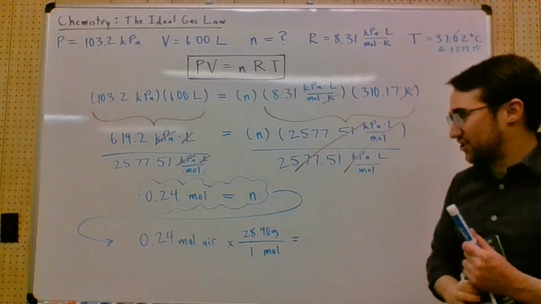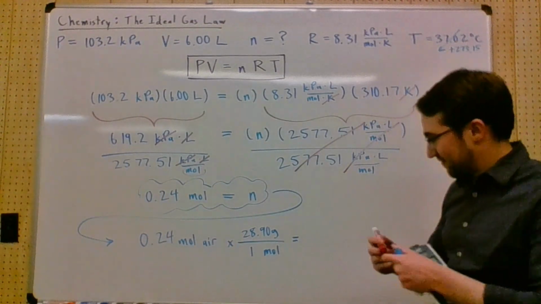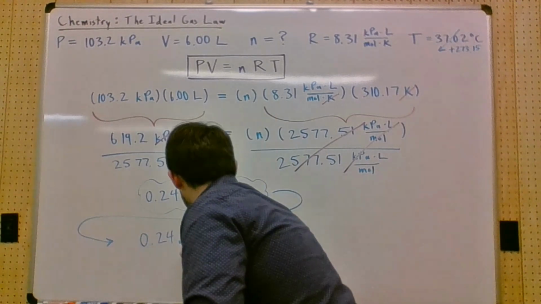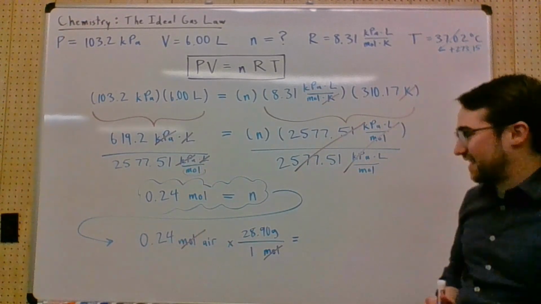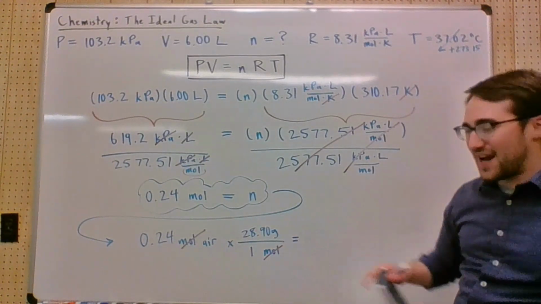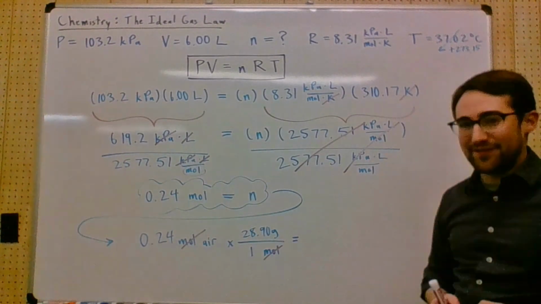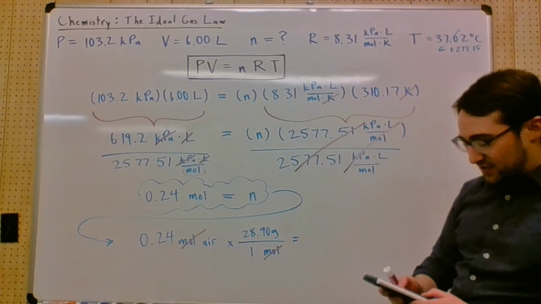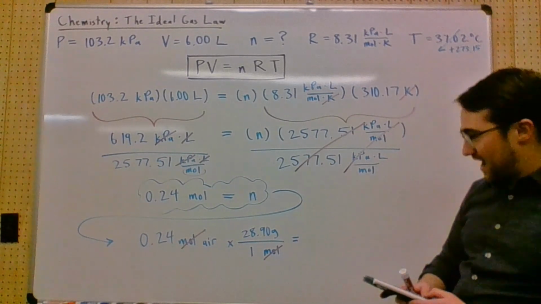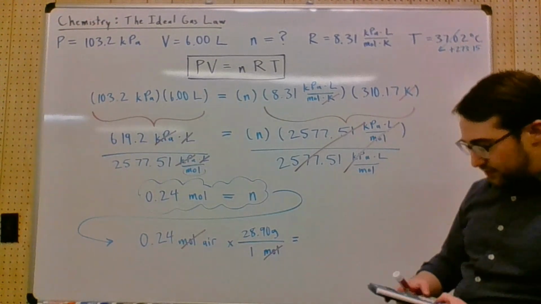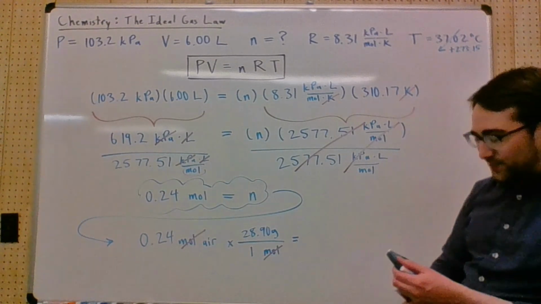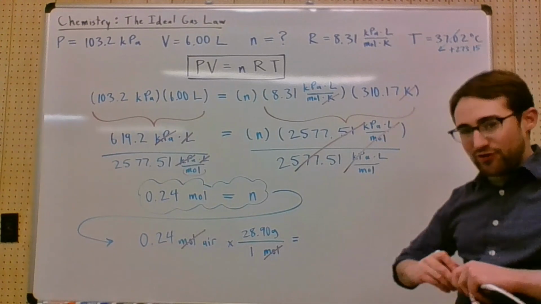My moles units should cancel out, leaving just grams of air. So if I take 0.24 times 28.90 divided by 1, I should get my answer, which comes out to be about 6.94-ish grams of air.